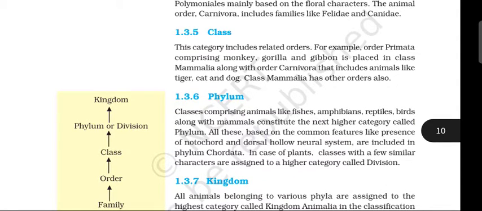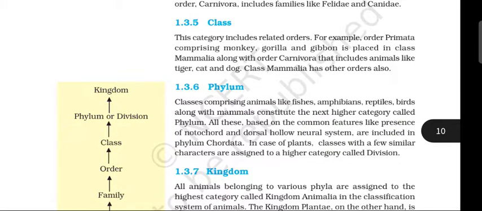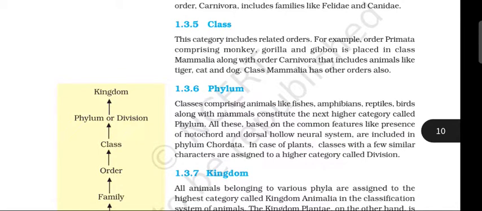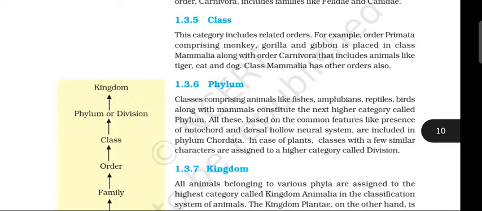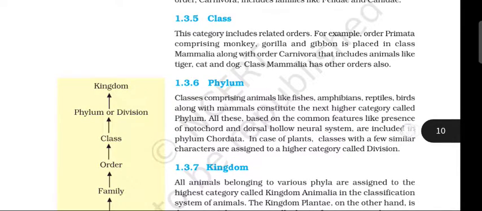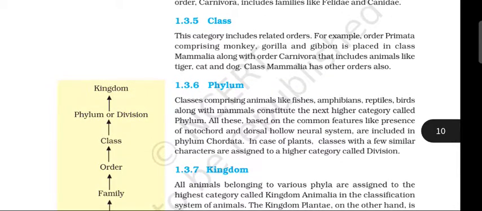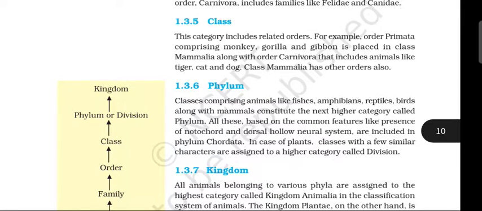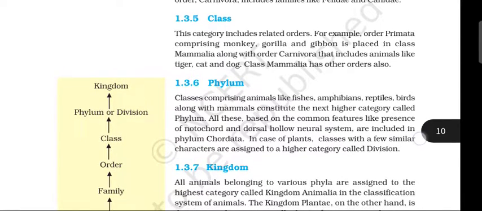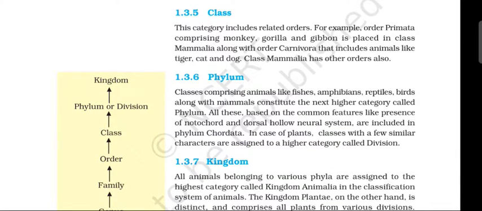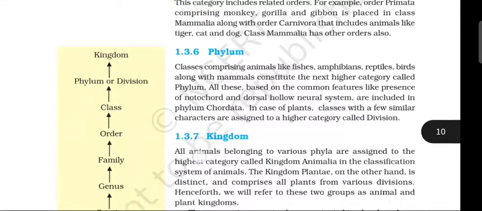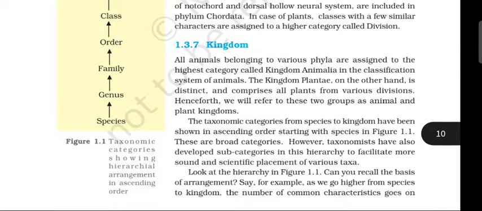All these, based on the common features like presence of notochord and dorsal hollow neural system, are included in phylum Chordata. In the case of plants, classes with a few similar characters are assigned to a higher category called division. So the next topic is kingdom.